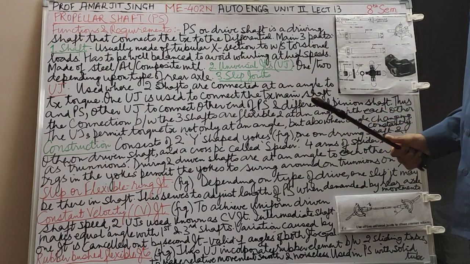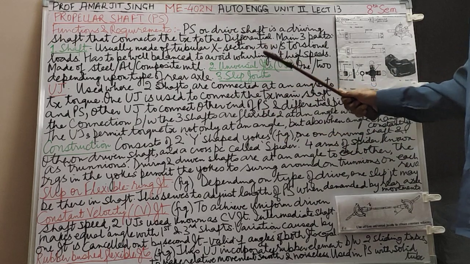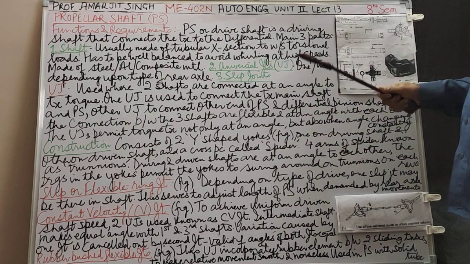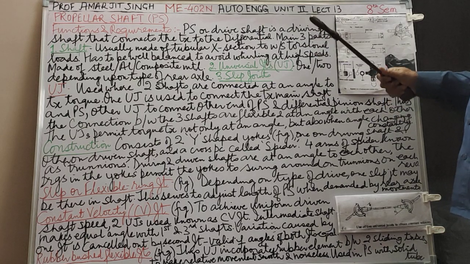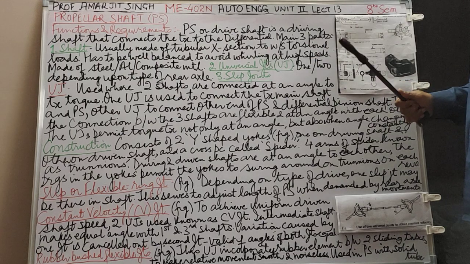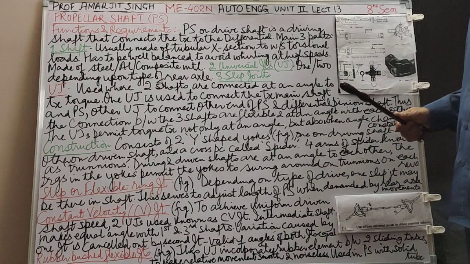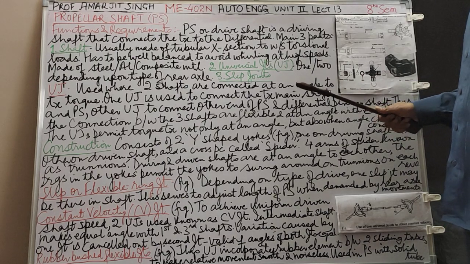The way we balance our wheels, wheel balancing, this also has to be balanced to avoid whirling at high speeds. There's one reduction at the gearbox after that, but still the speed is high. We know the RPM of the engine can vary anything between 3000 to 5000 or even 6000 in modern cars, revolutions per minute.